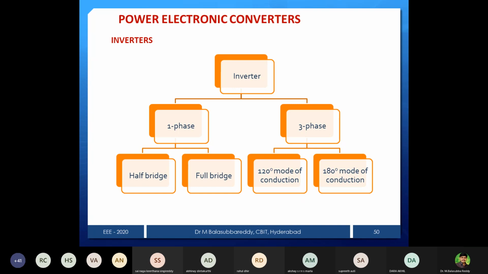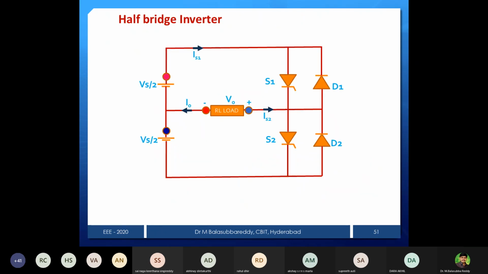Or else if you give only 120 degrees, then only 2 devices will conduct, one upper and another lower. So these are some of the classifications of an inverter.